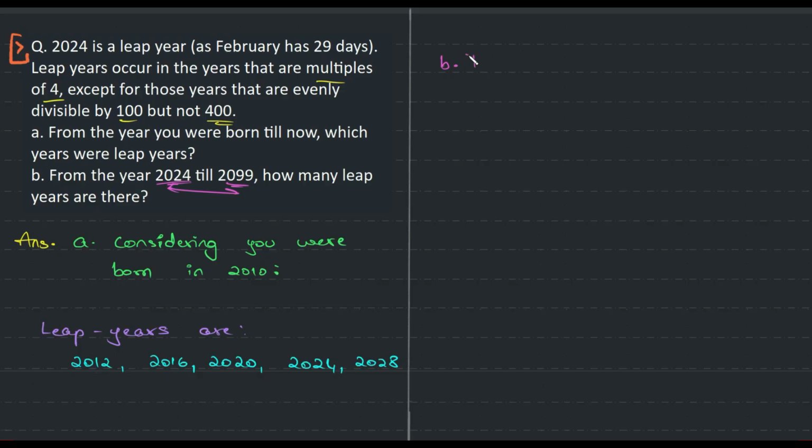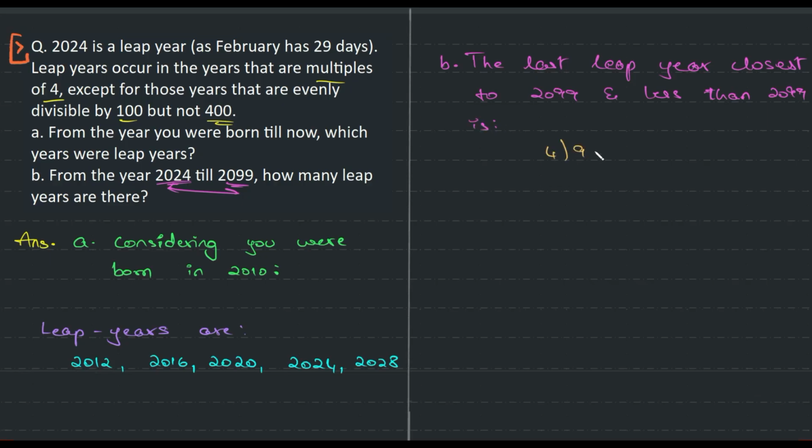So, let me write it this way: the last leap year closest to 2099 and lesser than 2099 is, yes, how do you figure it out?